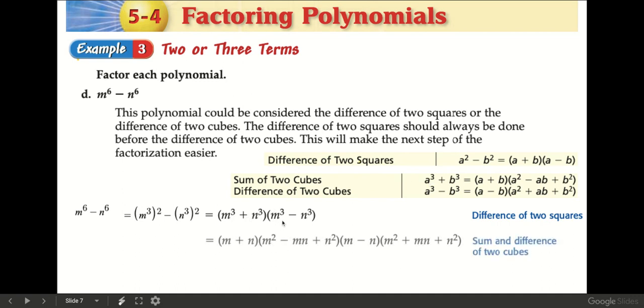And then the same thing here, m to the third minus n to the third. Instead of a and b, I'll use this one. And so when I factor it out, here's the sum of the cubes. Here's the difference of the cubes. Again, just following these simple patterns and algorithms. And then that would be the simplified answer. These can't be factored any further.